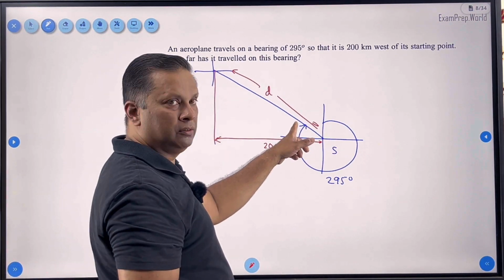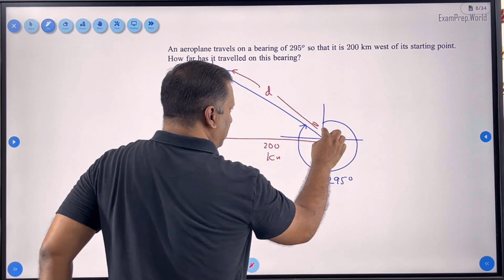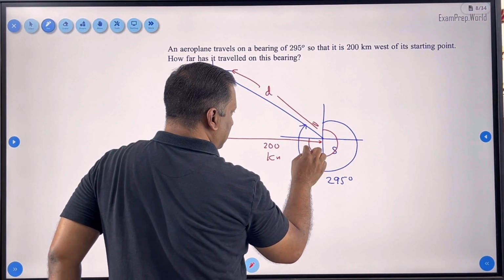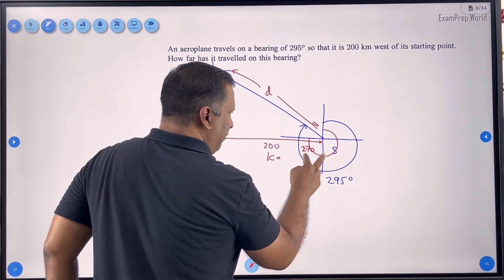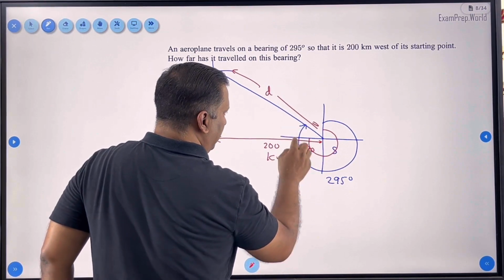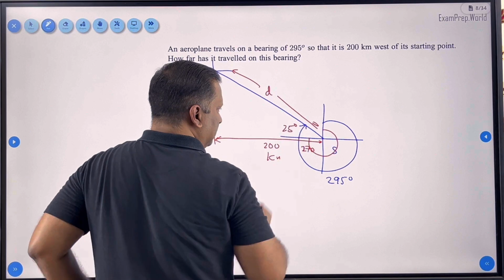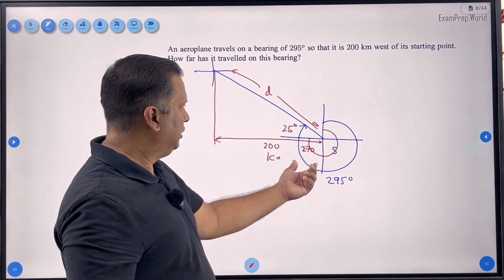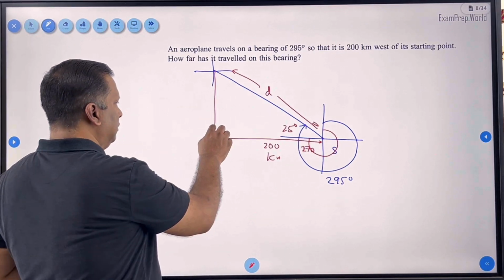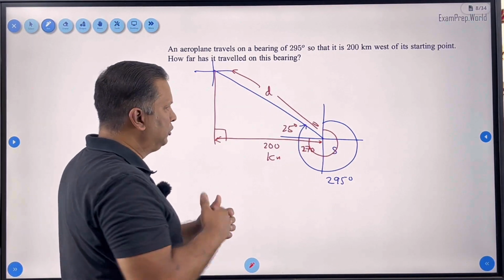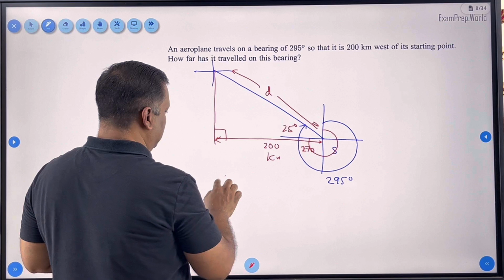How do we calculate this? You need this theta, right? Up to here, how much angle is it? 3 quadrants is 270. So 295 minus 270 is 25 degrees. This angle is 25. Now we have a right angle triangle, and you can use cos theta.